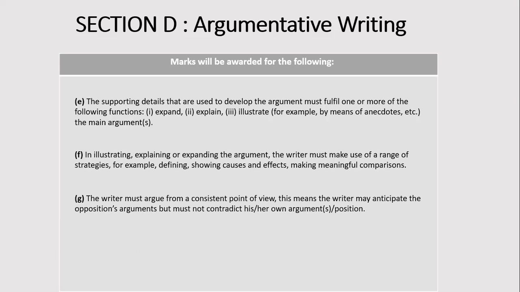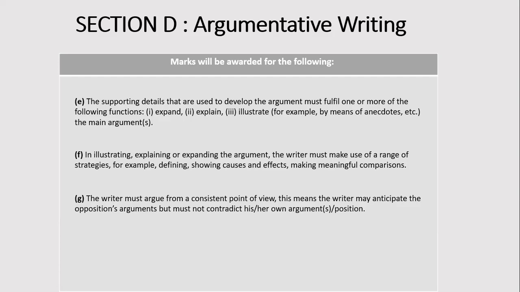In addition to that, your supporting details, and I want to talk to you a bit about your supporting details, because we have done topic sentence, explanation, evidence, and if we want to go further, linking it back, right? But we focus on three things.